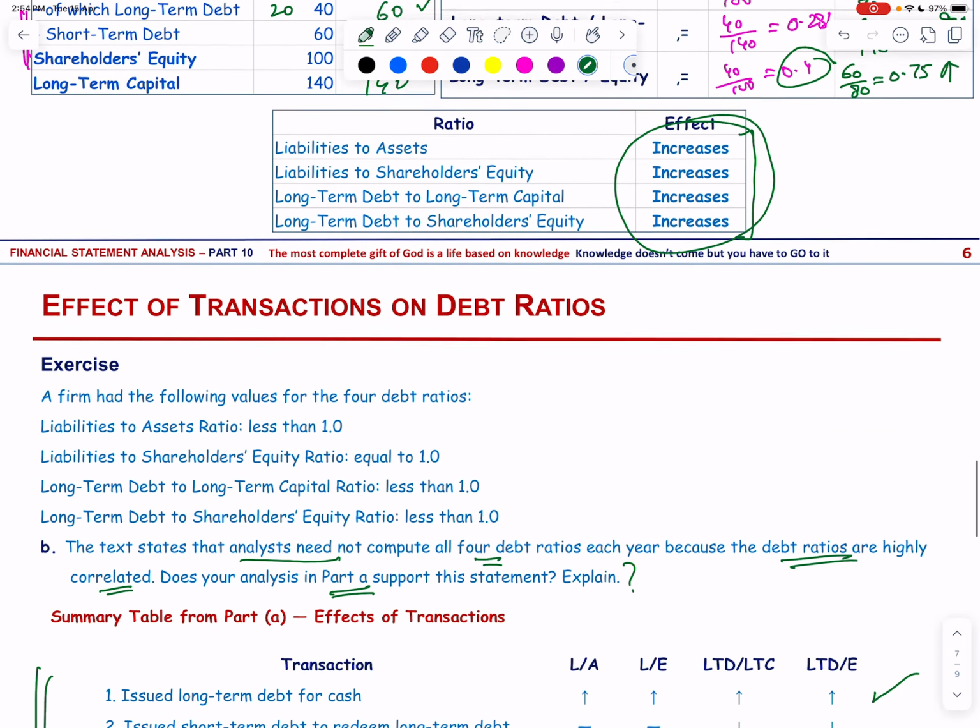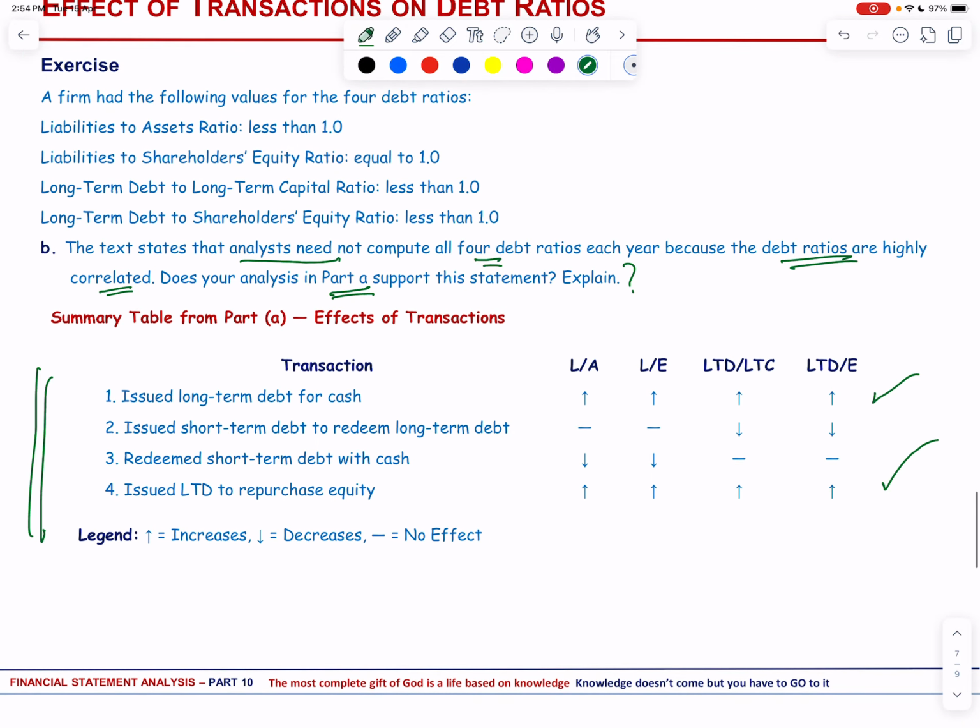This can be seen over here as well. The long term assets and the liabilities to assets and the liability to equity stay the same, but the long term debt based ratios have decreased.